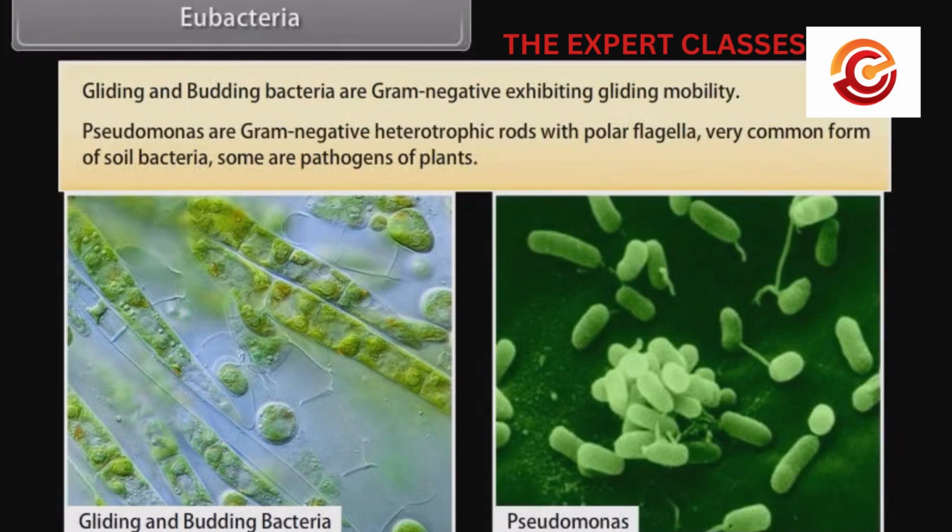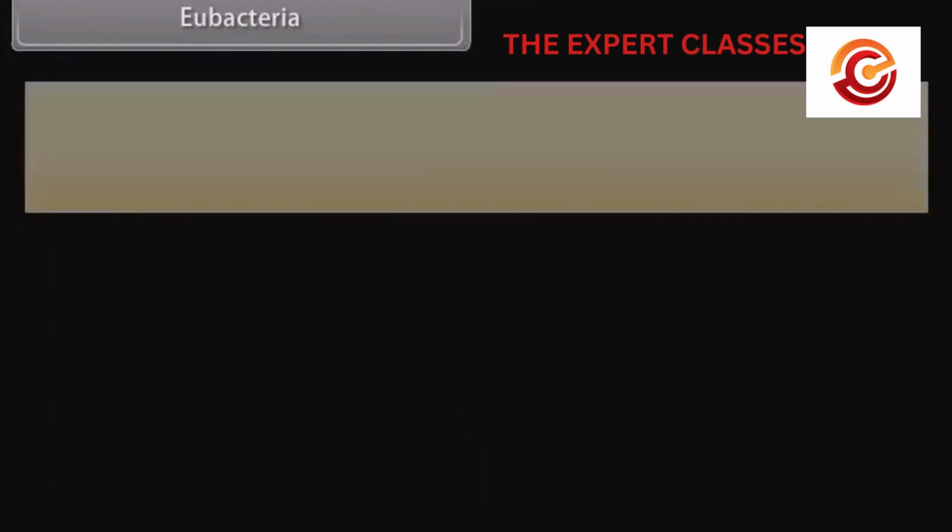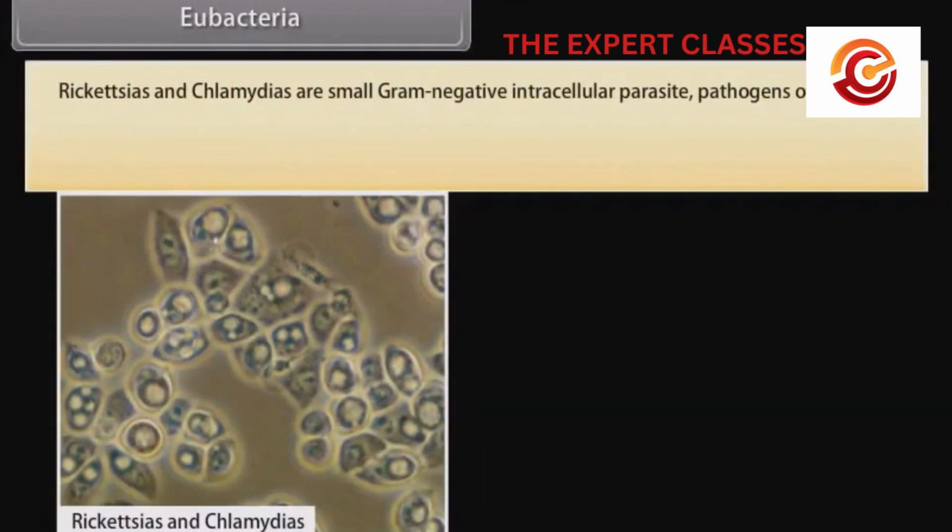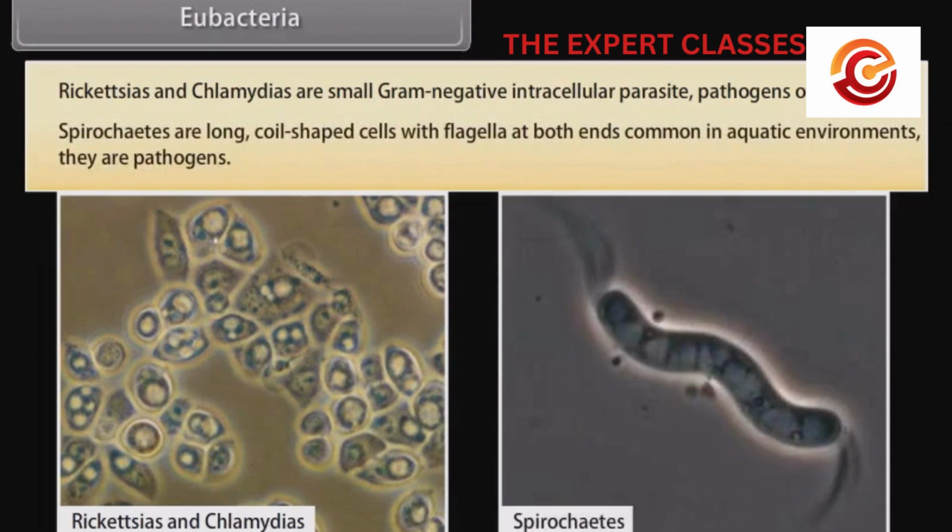Some are pathogens of plants. Rickettsias and Chlamydias are small gram-negative intracellular parasite pathogens of humans. Spirochetes are long, coiled cells with flagella at both ends, common in aquatic environments. They are pathogens.